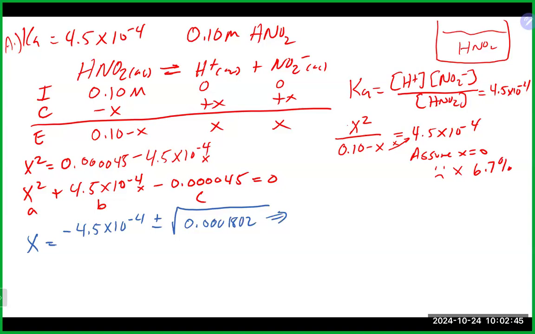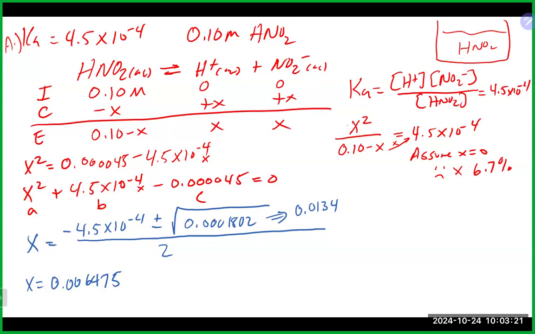And we'll go with about 0.0134. That's all going to be divided by 2 times A, which in this case is 1. So that's going to be divided by 2. That again is going to give us our traditional 2x's here. So minus 4.5 times 10 to the minus 4. We'll do the plus first, plus 0.0134 divided by 2. Going to give us an x value of 0.006475. We do the minus, which clearly is not going to be a good one.